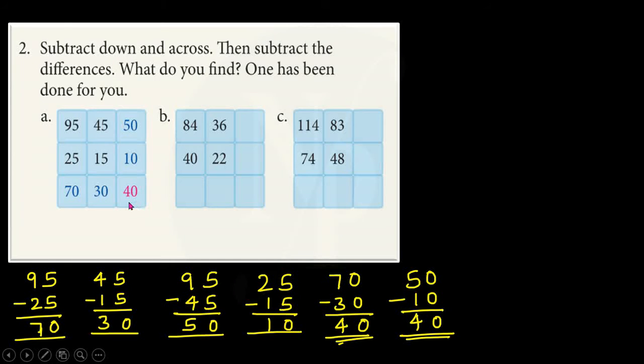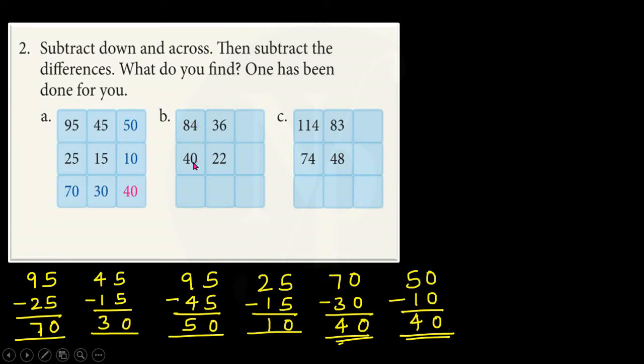Now, after understanding this, we have to solve B and C. So, I will solve and explain B, and C should be done by you. Let me solve B now. As we understood A, we have to find differences vertically and horizontally, or subtracting down and subtracting across. Let us do that now.